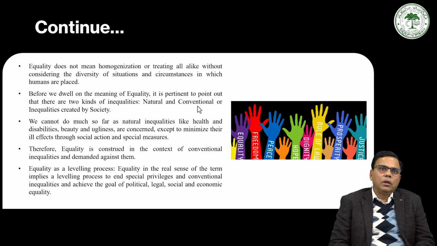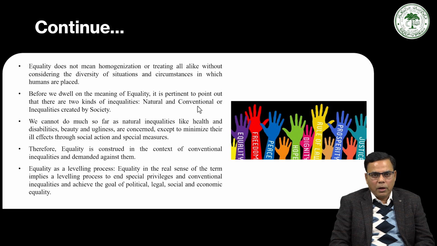For example, when economic inequalities are there in the society, the state goes for a leveling process through progressive taxation. People with higher income or more wealth pay higher taxes.